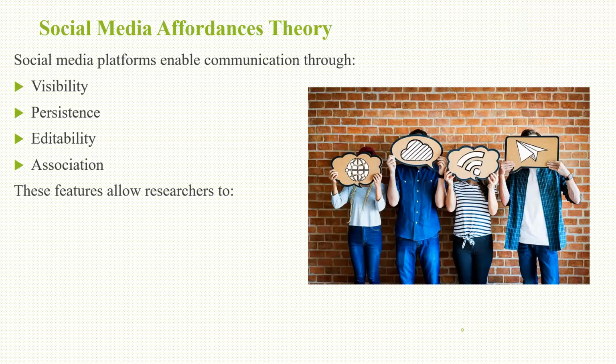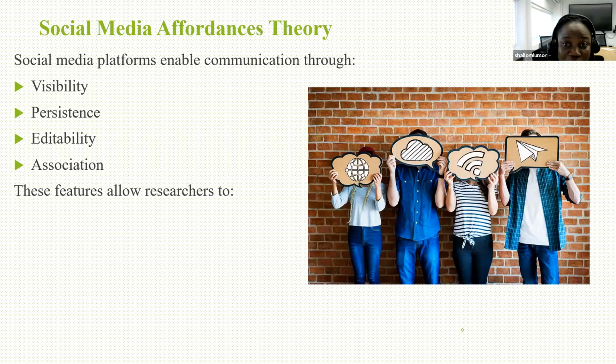Then editability, you'll be able to repurpose those contents to adapt or refine the communication to suit an audience. So social media allows you to not bring the same jargon you use in publications and journals to X or Twitter or LinkedIn or Facebook. Social media features allow you to rewrite.